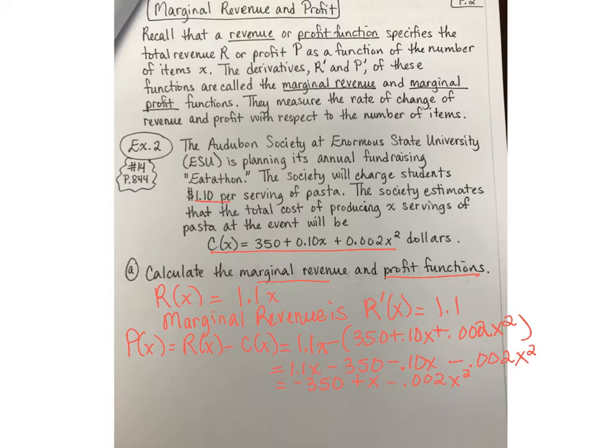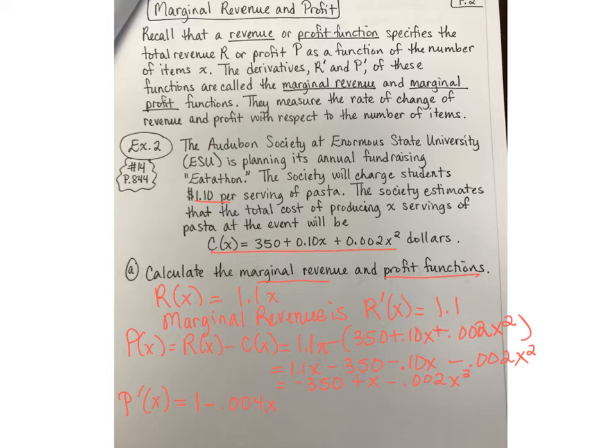Now we want to find the marginal profit, which means we need to find the derivative of P of X. The derivative of x is 1, and the derivative of negative 350 is 0. That's why I jumped right to the derivative of x. And then you get minus 0.004x.